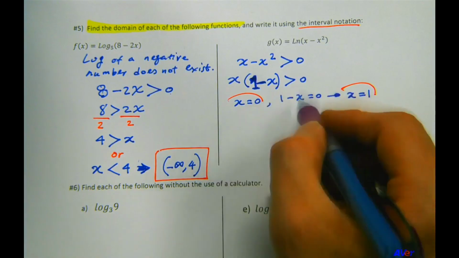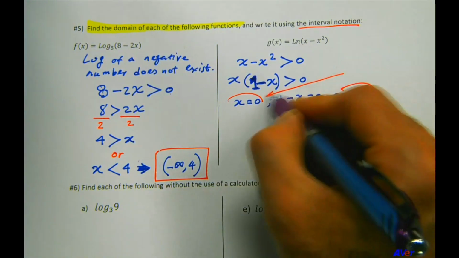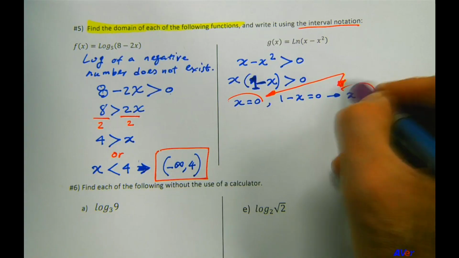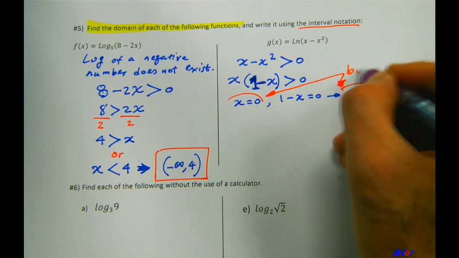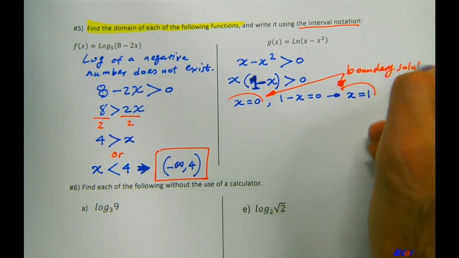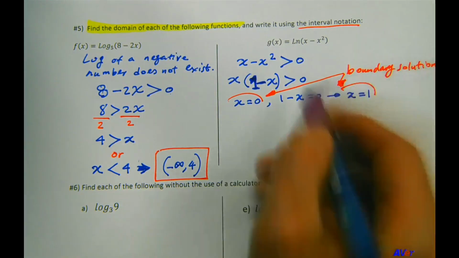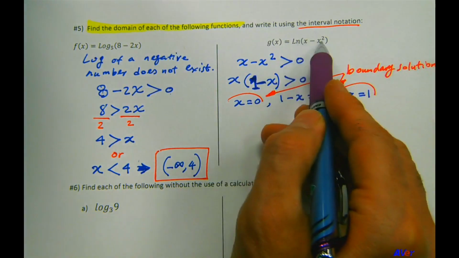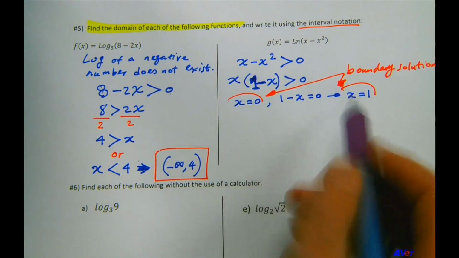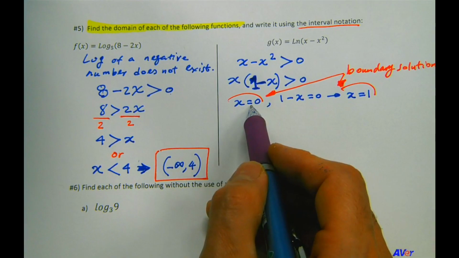Remember, if you've been reviewing like I've been asking you to, you know what I mean when I say boundary solutions. We know that the argument here, x minus x squared, is going to be 0 at these two numbers, at x equals 1 and x equals 0.